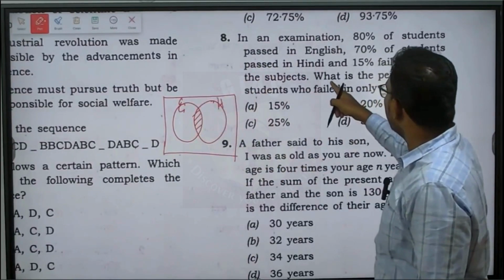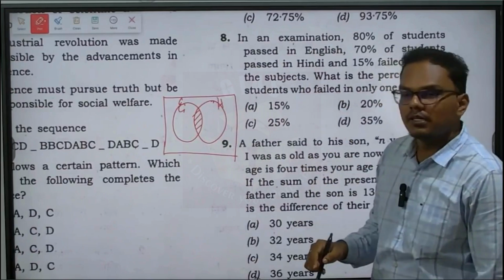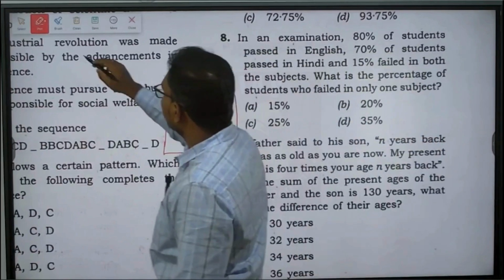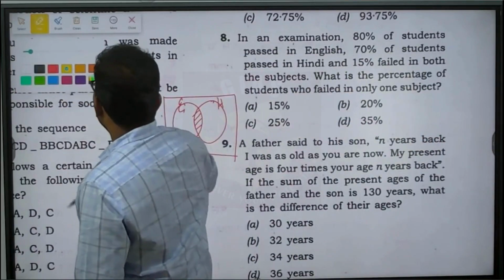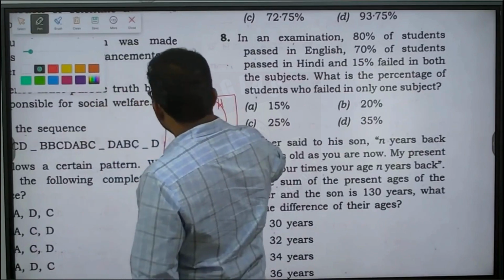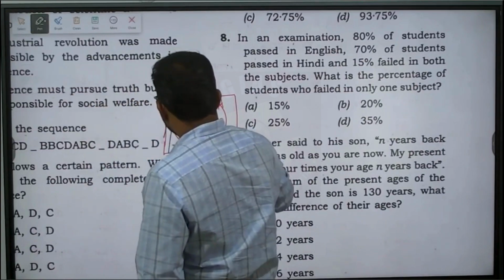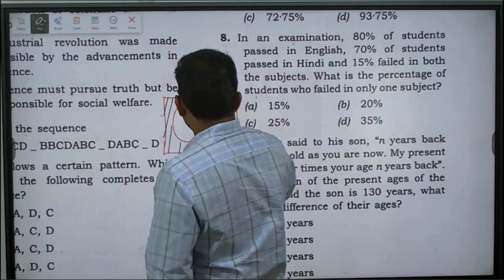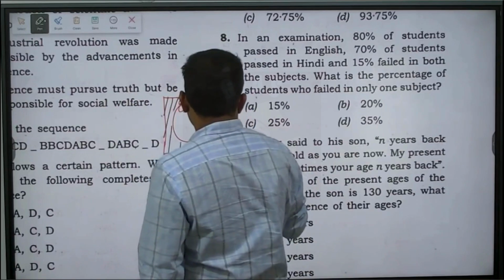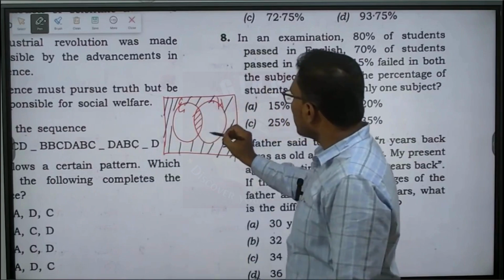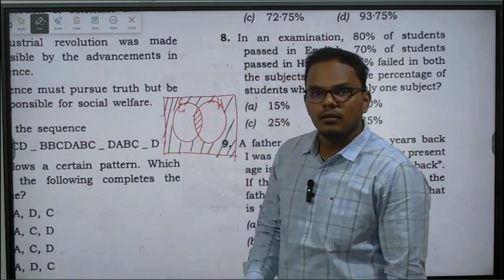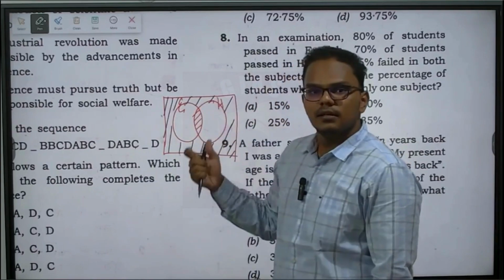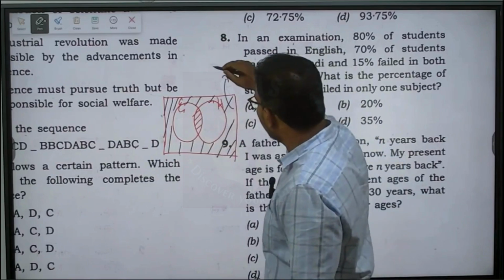So let this be English and let this be Hindi, okay? And it is said that 15% failed in both subjects, which means this part, which is not falling within those circles, that part is 15.